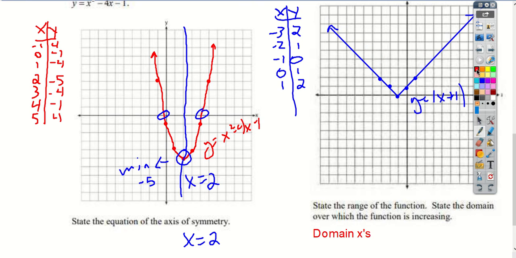It's going down, decreasing, decreasing, decreasing. This is where the value starts turning, and then it's now increasing in value. So anything after this point is increasing.